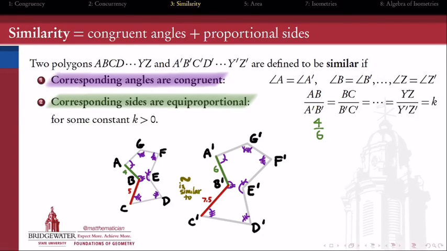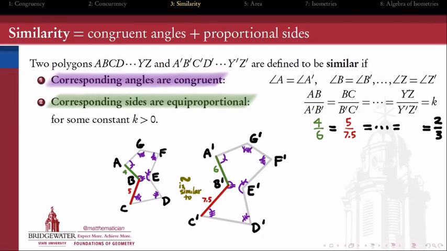So if BC is 5, for example, B prime C prime would need to be 7.5. Because then if I divide those two numbers, 5 divided by 7.5, that ratio is also equal to 2/3, and so on, and so on. So every pair of corresponding sides that we compare by taking their ratio, we need to get the same proportion.